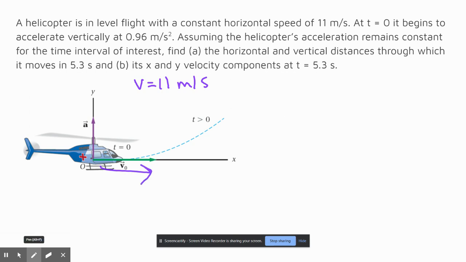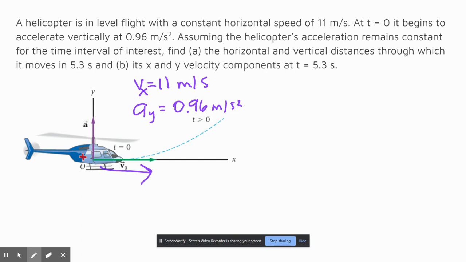That means that this velocity is in the x direction. So we should make note of that. And we also see that we have acceleration vertically. So acceleration vertically, so that's the y direction, is equal to 0.96 meters per second squared. And hopefully y'all are able to read this a little bit better today. I got a new stylus.